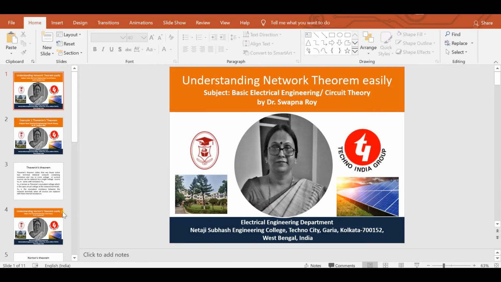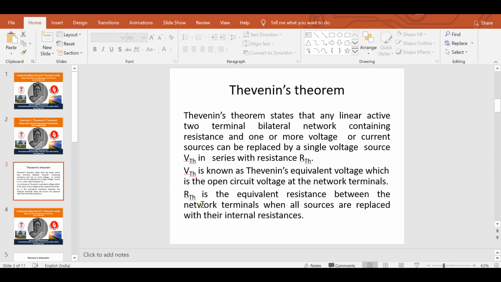If you see the statement, Thevenin's theorem states that any linear active two-terminal bilateral network containing resistances, one or more voltage or current sources can be replaced by a single voltage source VTH in series with the resistance RTH.